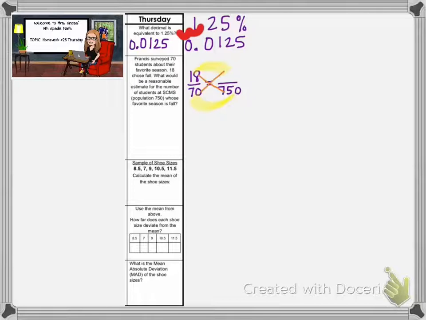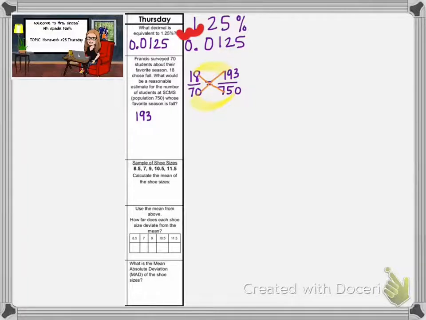Either way you do that, you're going to get the same answer each time, or at least you should, and I got 193. So if 18 out of 70 chose fall as their favorite season, then a reasonable estimate would be 193 out of 750. Now, because it says estimate, you may have chosen 195, you might have chosen 200, and those would be reasonable estimates. 190 would be a reasonable estimate.